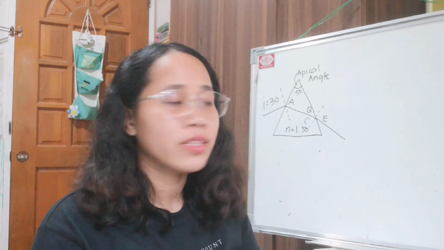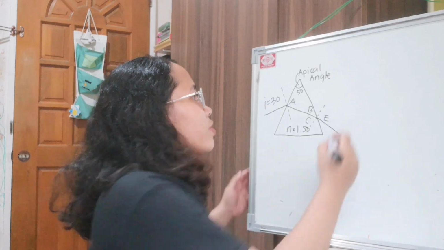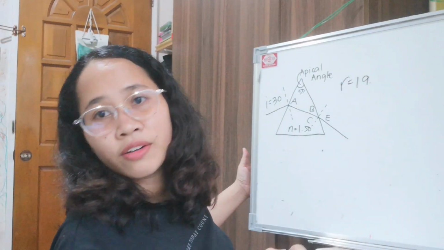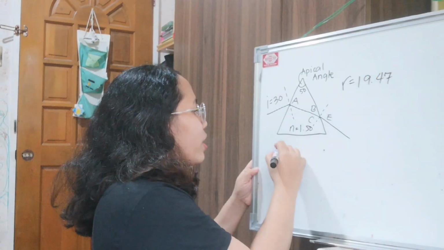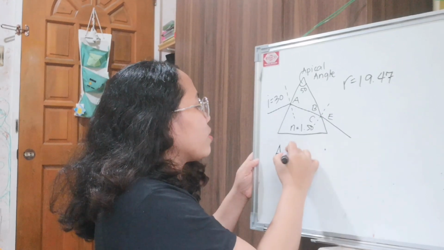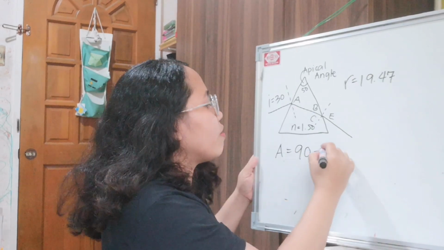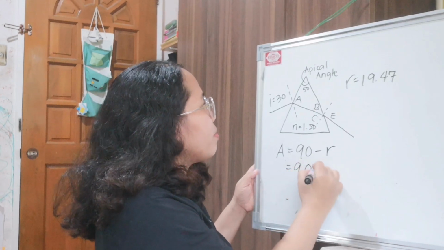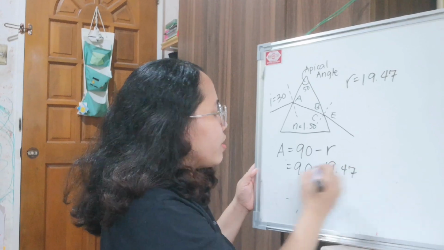So in our PowerPoint, we are done with the angle of refraction. The angle of refraction is 19.47. Okay, so now we go to A. A is equal to 90 minus the angle of refraction, or R. So 90 minus 19.47.